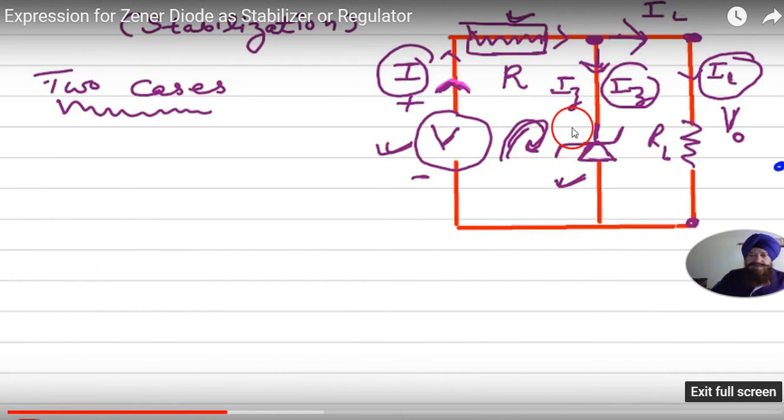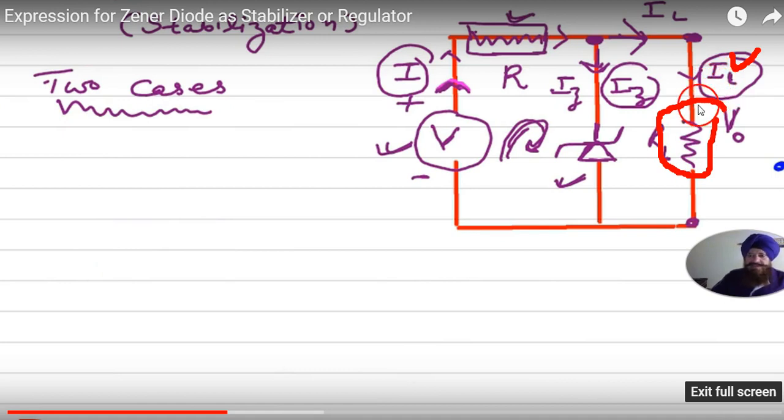Now it means that if you change RL, with the change in RL, IL will change. Definitely IL will change with the change in RL.